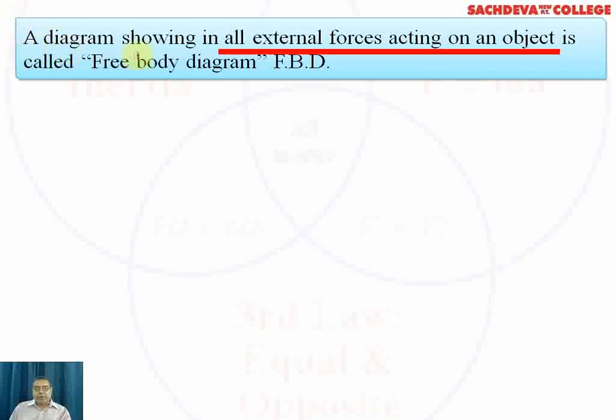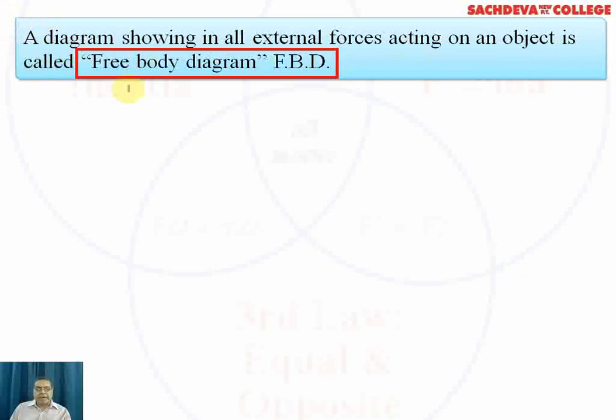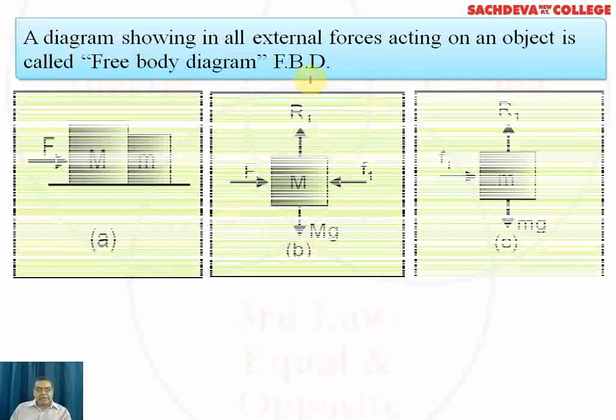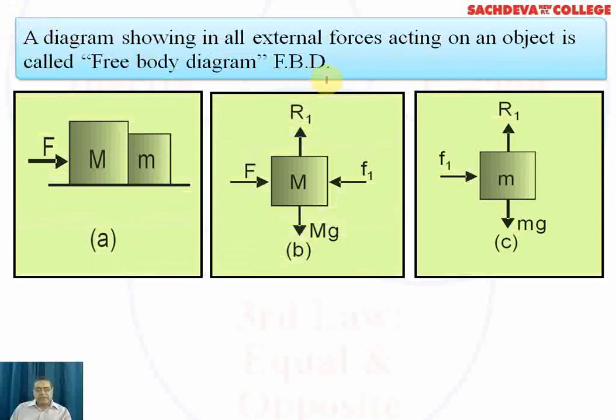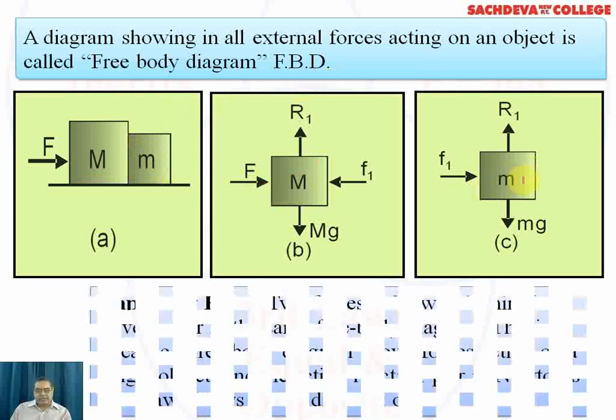All diagrams showing all external forces acting on an object are called free body diagrams. Again, it is depicted in the figure. So these are the free body diagrams in three cases, one for capital M and small m, another for capital M, and the third one for small m. Forces are acting in all the cases.